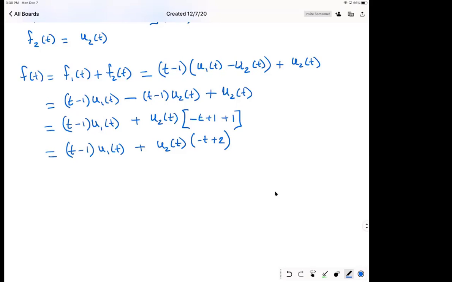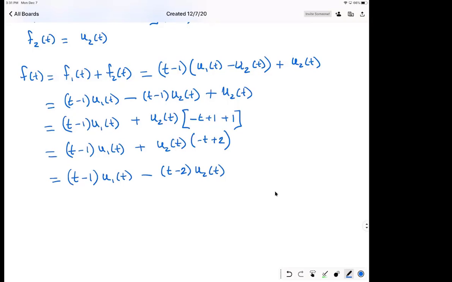So I just factored the u2 out of the third and fourth term, and it left me with a minus times the quantity t minus 1, which I made minus t plus 1, and then plus 1 from the fourth term. So I end up with negative t plus 2. Of course, that's not what I want it to look like. What I want is t minus 2, so I can fix that by factoring out a minus, and I have minus t minus 2 times u2 of t.